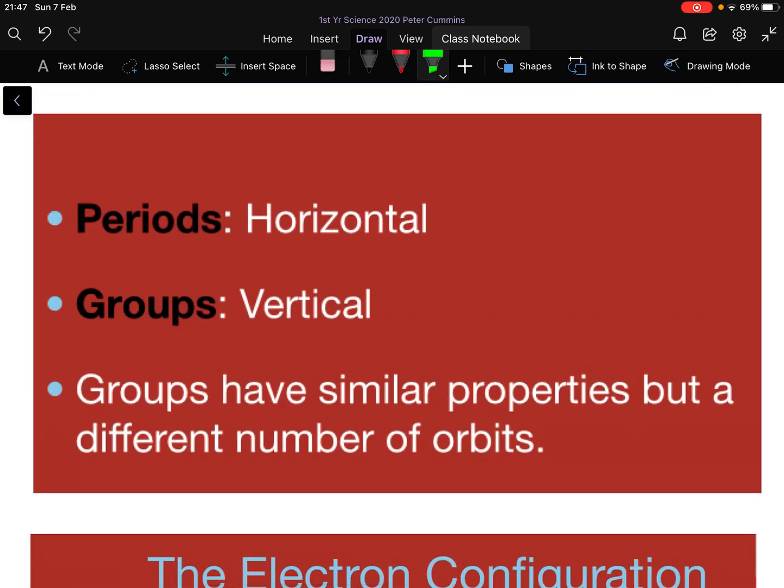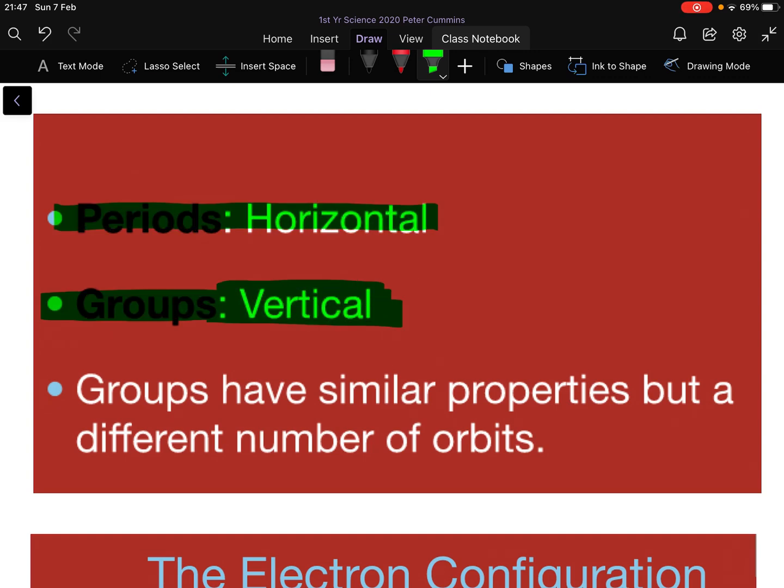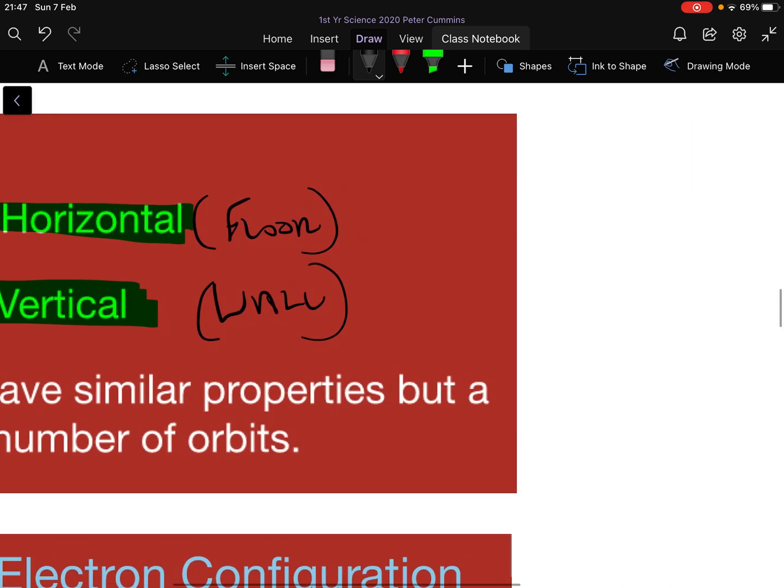The periods are horizontal and the groups are vertical. Here's a way to remember which is which: horizontal is the floor and vertical is the wall. If they're going straight across, it's going to be periods. If they're going down, it's going to be groups.